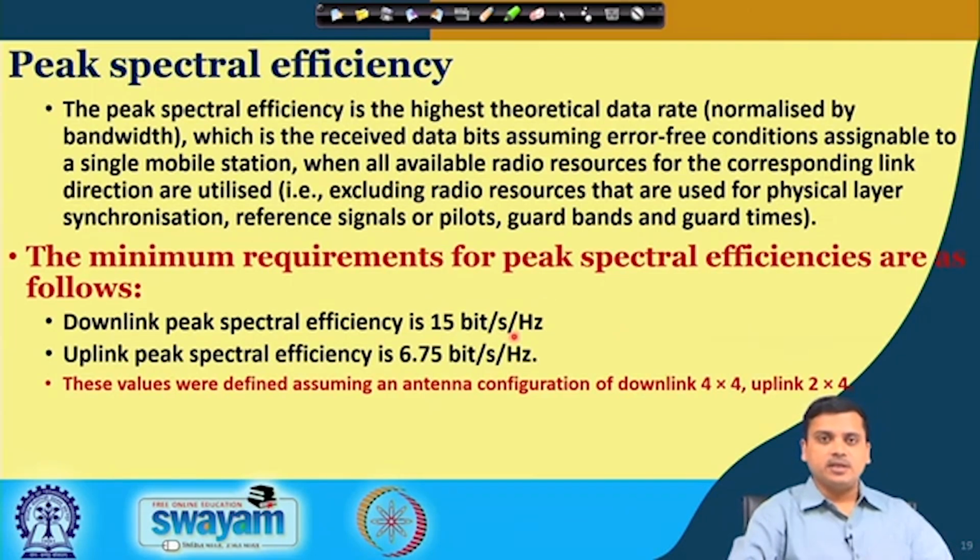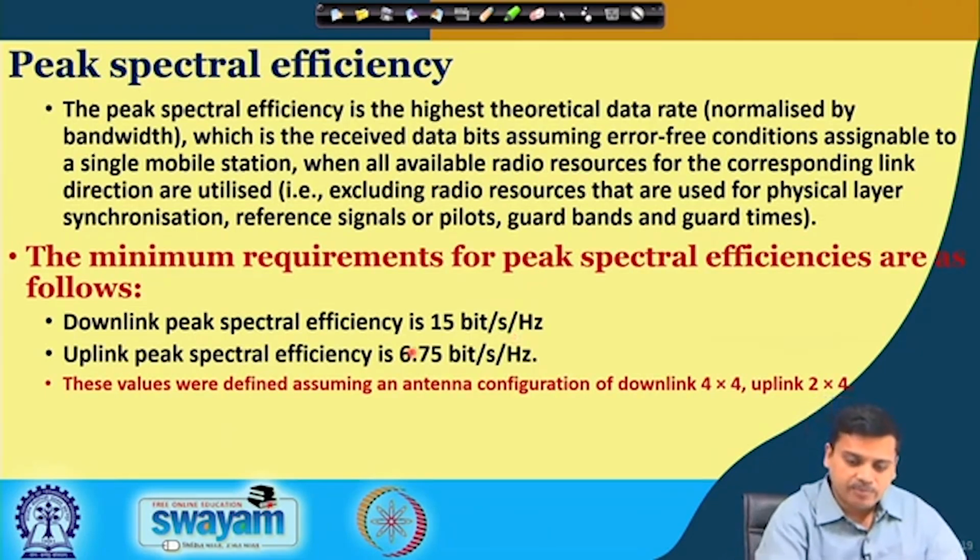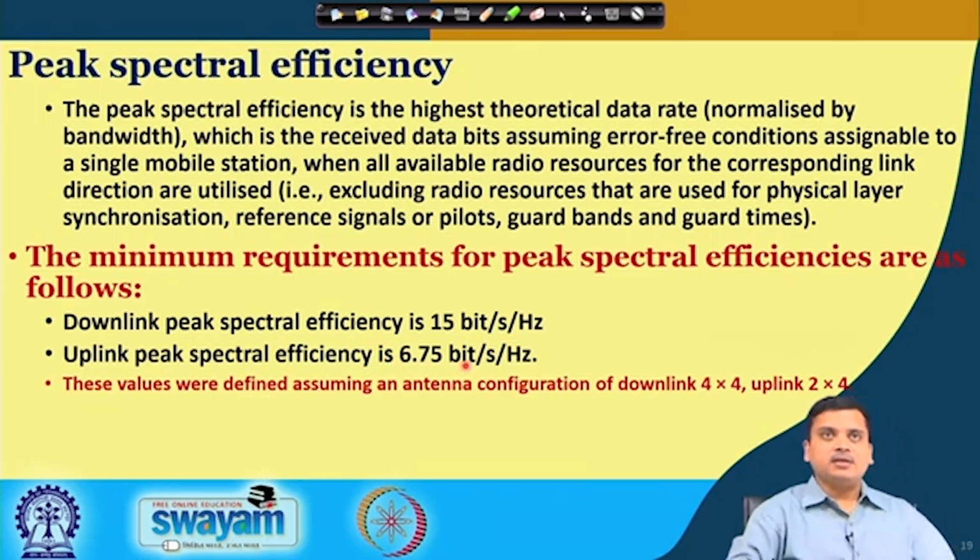Spectral efficiency is the data rate per unit hertz of bandwidth. Similarly, in the uplink, the required peak spectral efficiency is 6.75, and again antenna configurations have been mentioned.